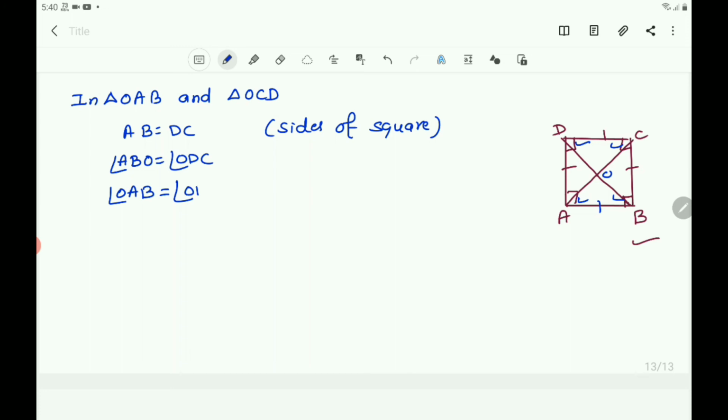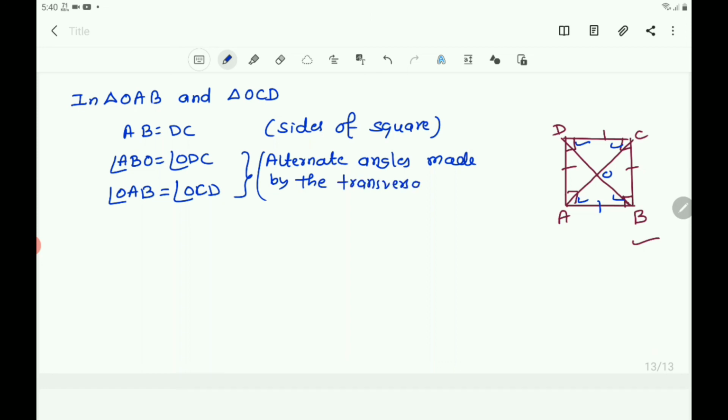The common reason you can write: they are the alternate angles made by the transversal of parallel lines.